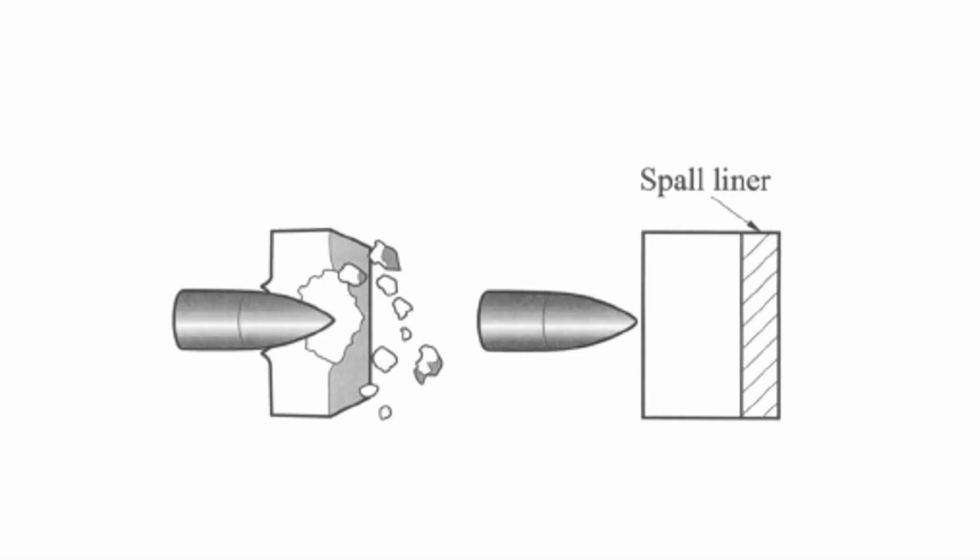This is the type of strike here, and here you will see that the spall will generate and form cracks, and this is the spall liner, which will restrict the spall. So, we can measure the characteristics of the spall generated.